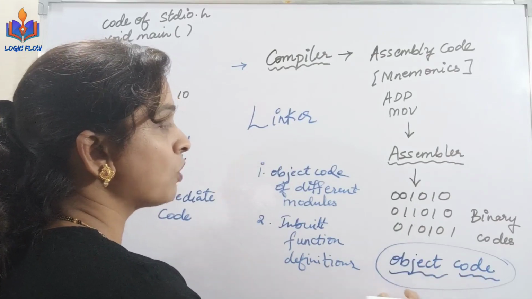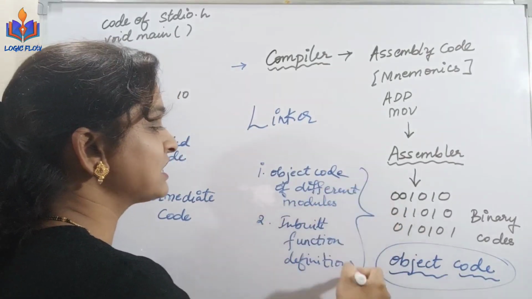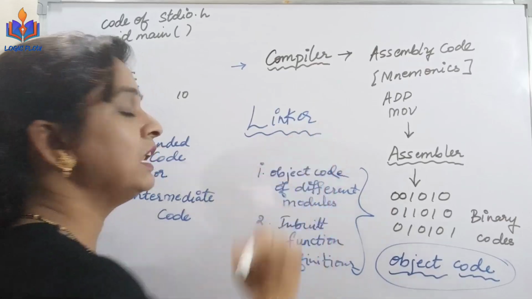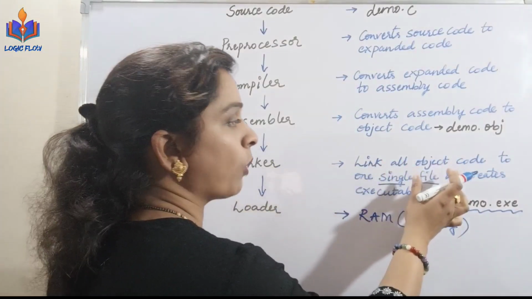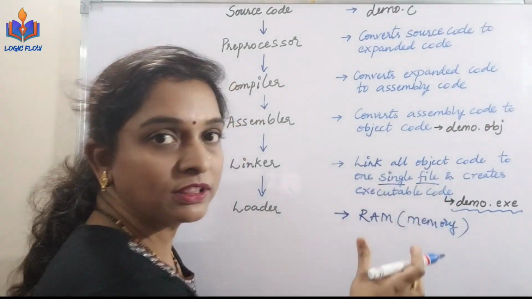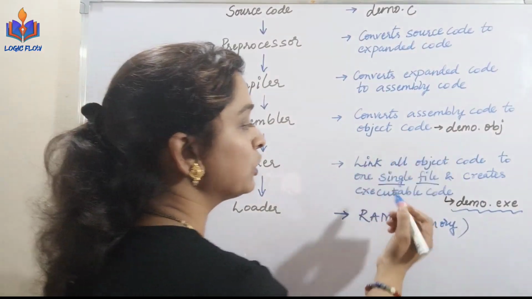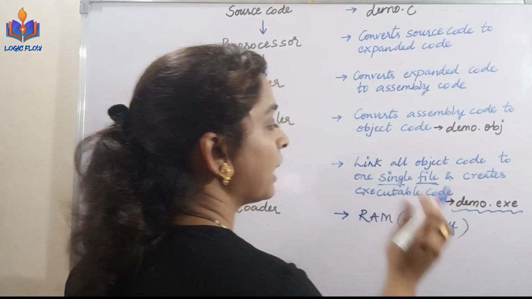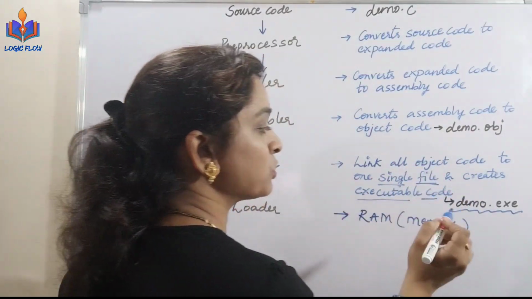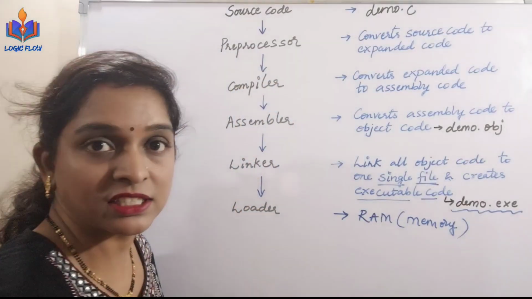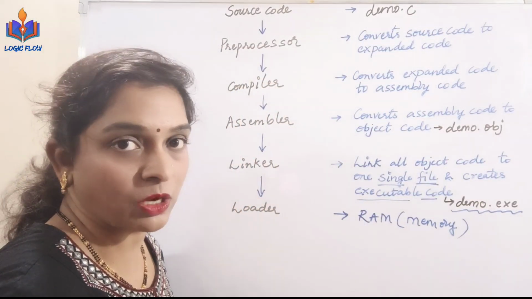Now this object code has to be linked with the help of the linker. Once the linker links all the object code and the definitions of all the built-in functions, it is going to create one single file, an executable code, which is demo.exe. So the file is ready for execution now.